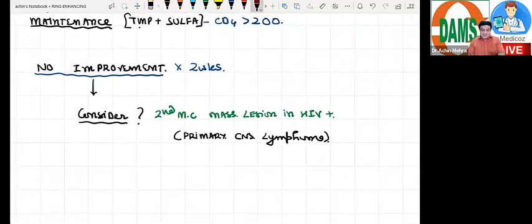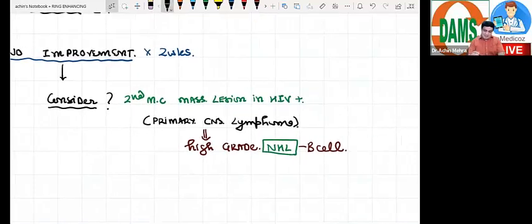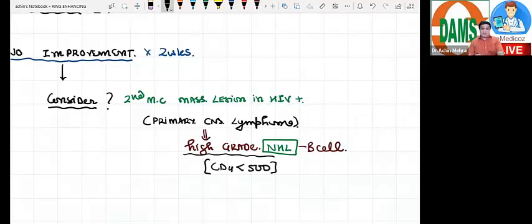Now, what is this primary CNS lymphoma? It's a high grade B cell non-Hodgkin lymphoma, NHL, that you find there. And this can come even if the CD4 count of your patient is below 500, so it can come in the early phase.